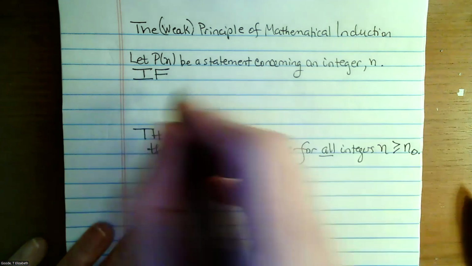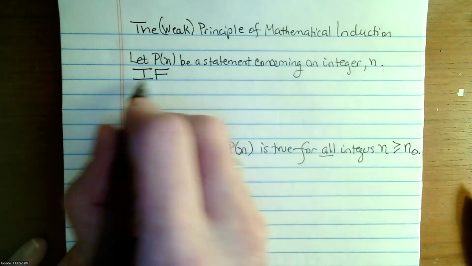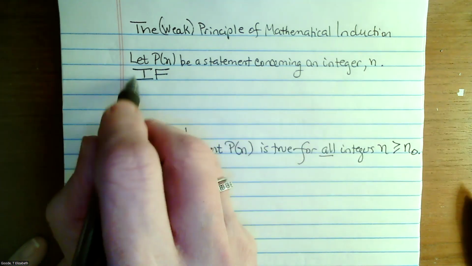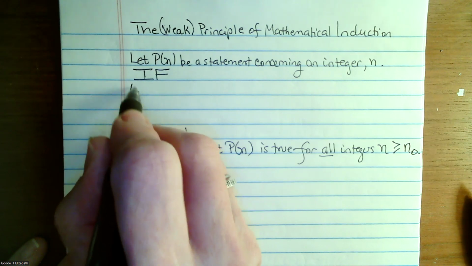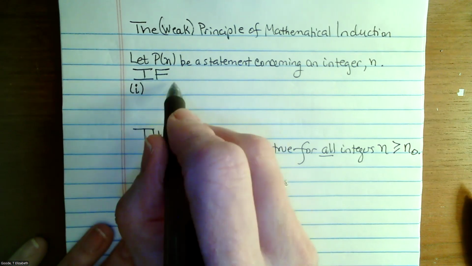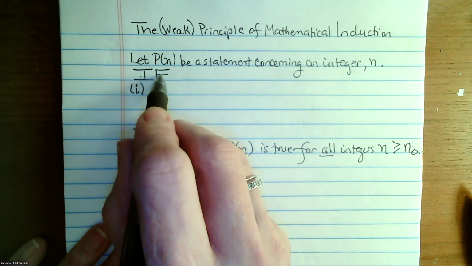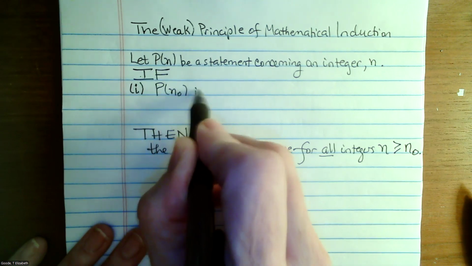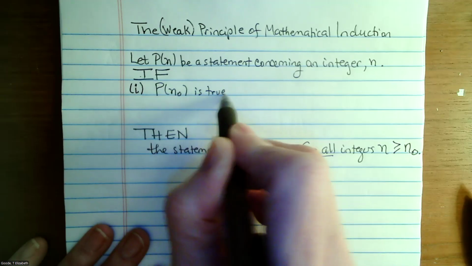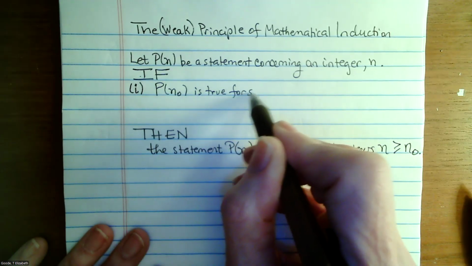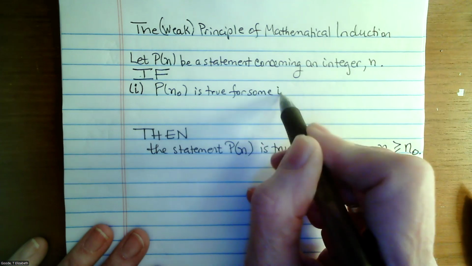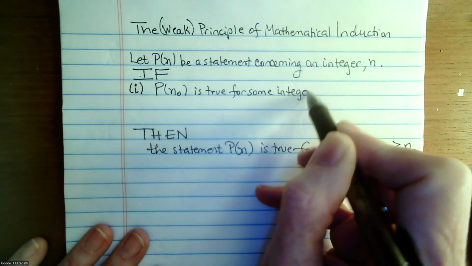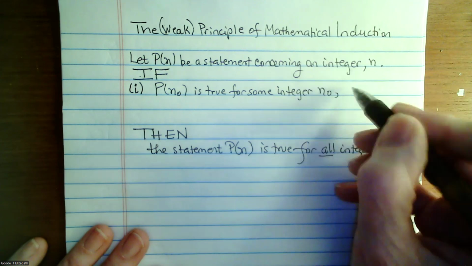All right, so here is the two-part hypothesis for the principle of mathematical induction, the weak principle. Part one: if P of n naught is true for some integer n naught. So that means we can stand on the bottom step of the staircase.